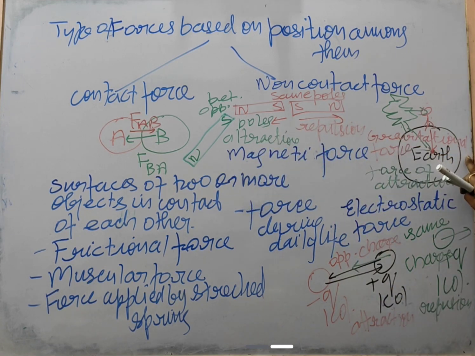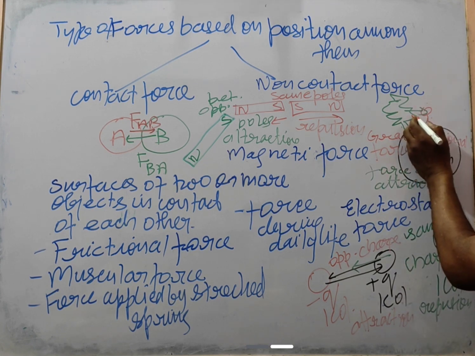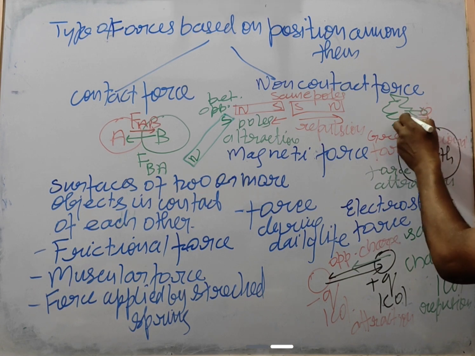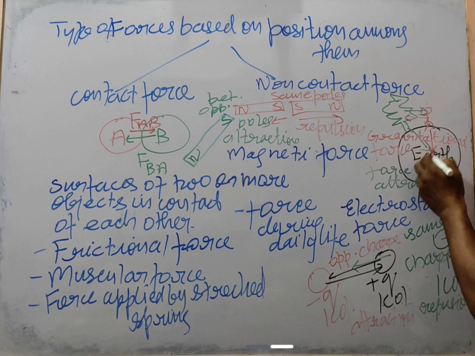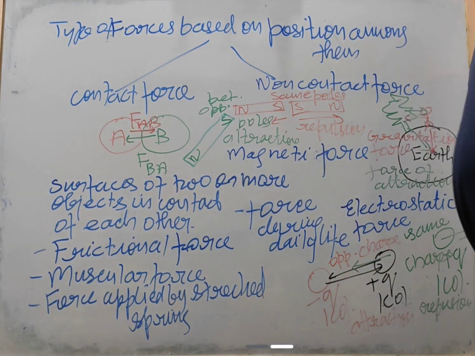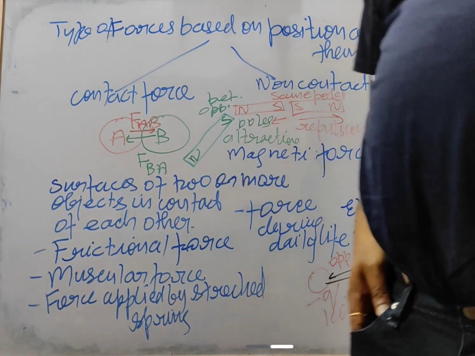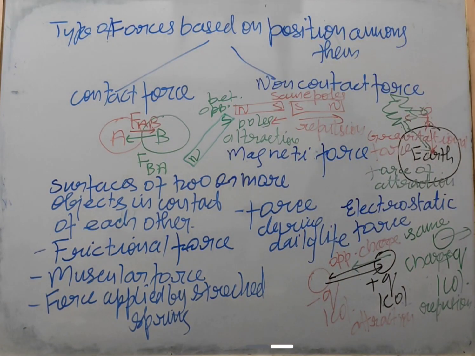But in gravitational force, there is only force of attraction. So this man is attracting Earth also, but due to mass, the force is negligible. Mass of man is negligible in comparison to mass of Earth.